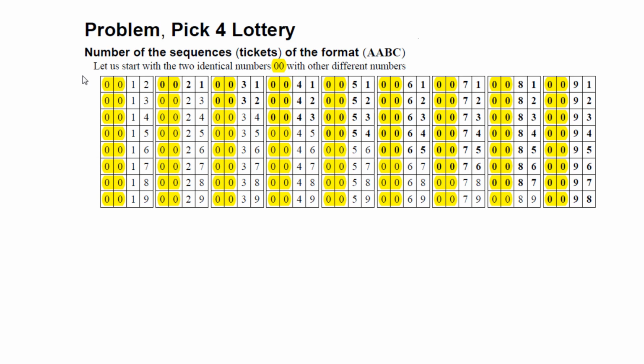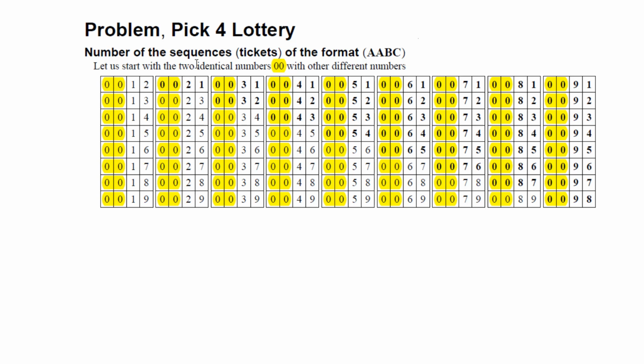Now if we want to make sure about the number of tickets of the format AABC, we can start with 2 identical numbers such as 0, 0 and find all their combinations and then permute them. And again we do that for the 2 identical numbers such as 1, 1, and we do exactly the same thing, and then 2, 2 and then 3, 3 until 9, 9.